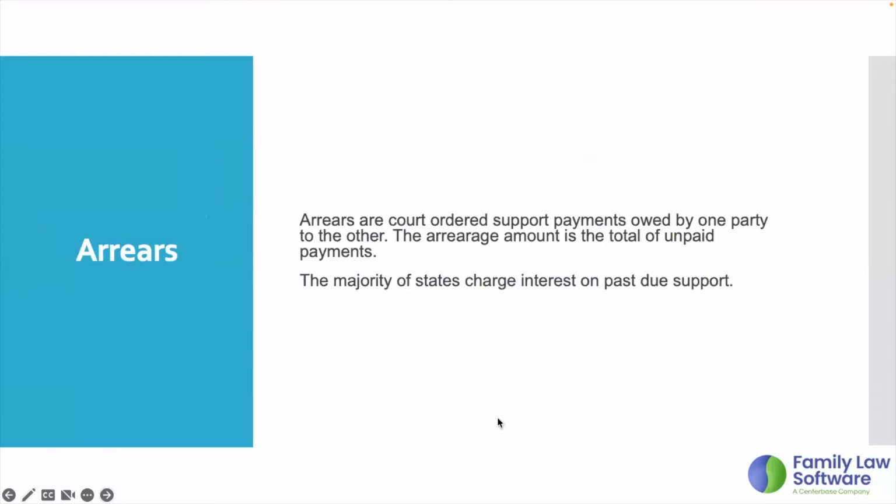So in family law software, you may or may not have known that we have an arrears calculator. What do we mean by arrears for the purposes of this presentation? Arrears are going to be court-ordered support payments, whether for spousal support, alimony, maintenance, or child support that is owed.